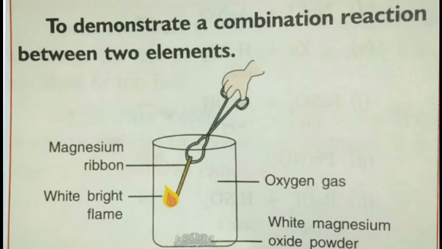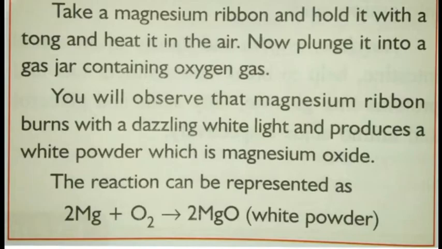Here, the jar containing oxygen gas and the magnesium ribbon is placed into the oxygen gas jar. You will observe that magnesium ribbon burns with a dazzling white light and produces white powder, which is magnesium oxide. Here, the reaction can be represented as 2Mg plus O2 gives 2MgO.